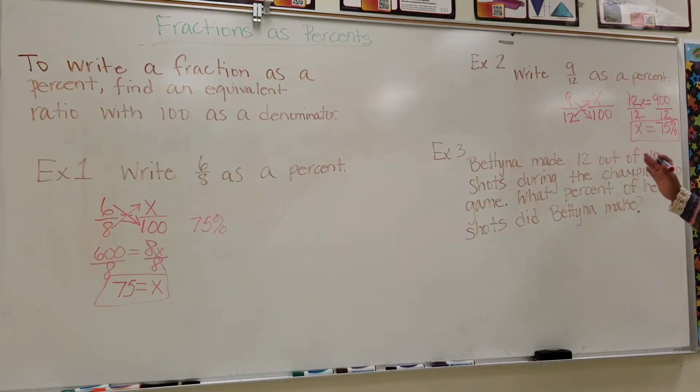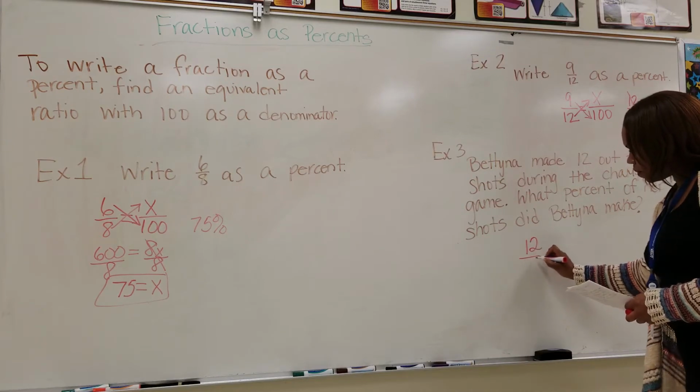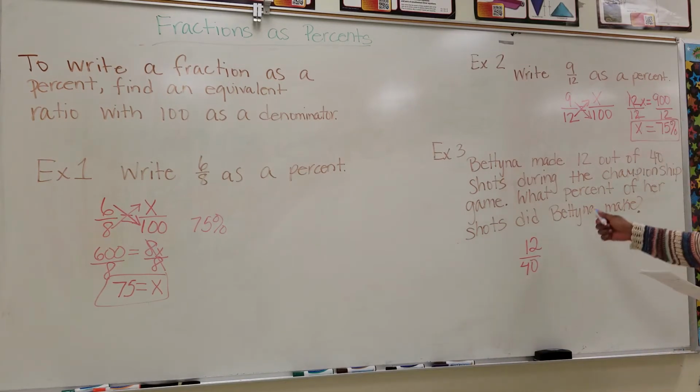So Bettina made 12 out of 40 shots. So your ratio is 12/40. Because it says 12 out of 40. Okay?